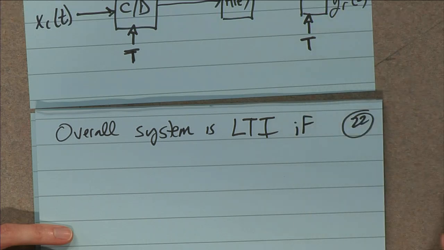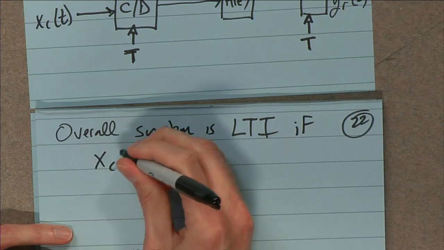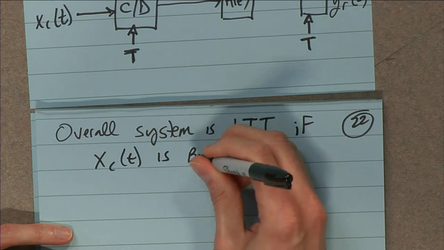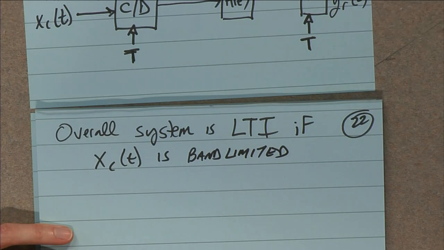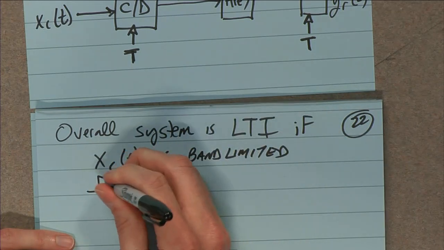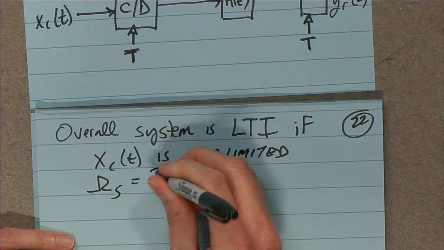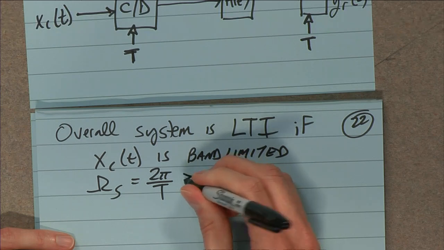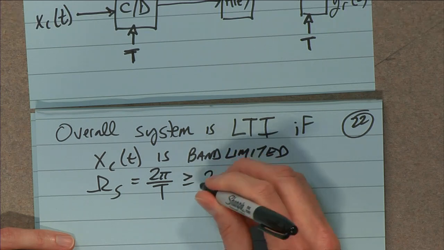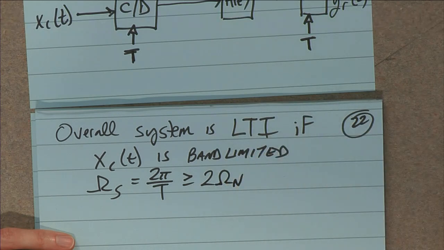So if x_c of t is band limited, which you'd expect, then ω_s, which equals 2π over T, had better be greater than or equal to 2ω_N. Or a better way may be just saying sample fast enough not to have aliasing.